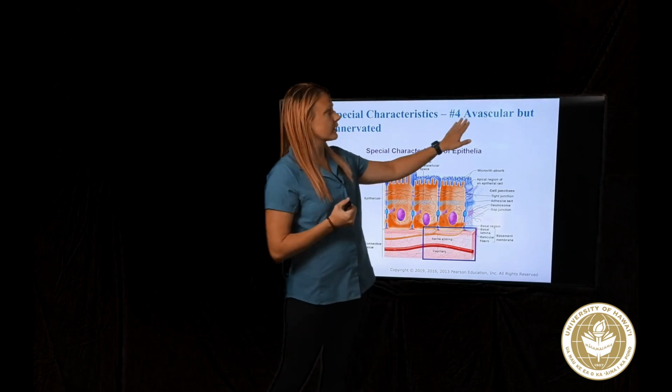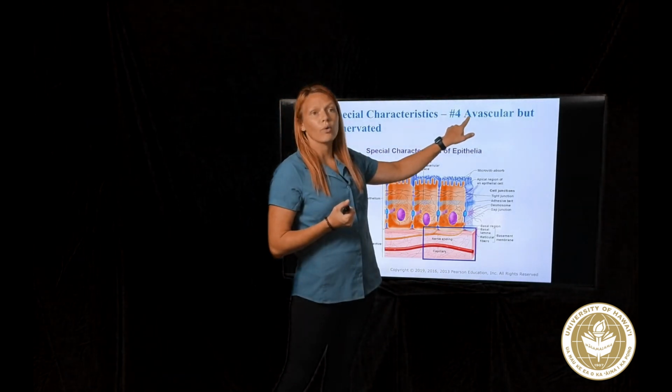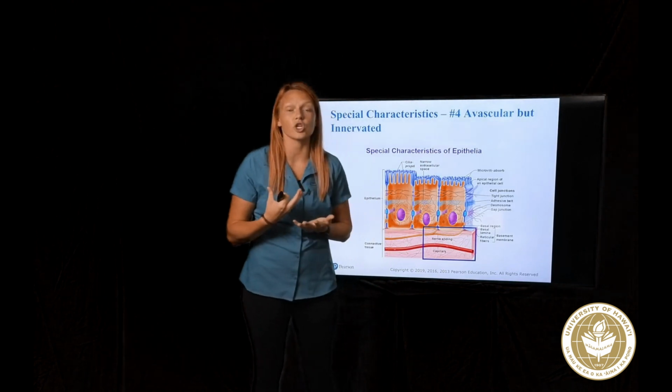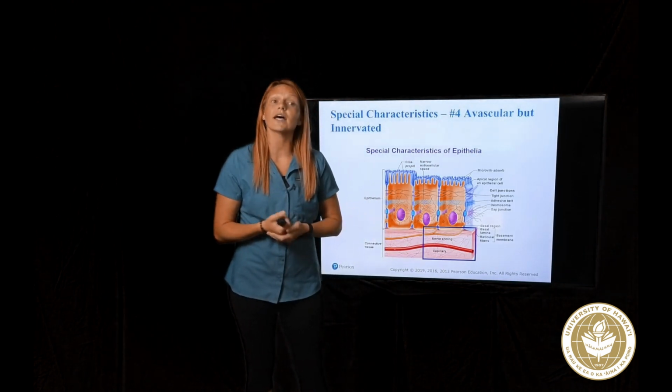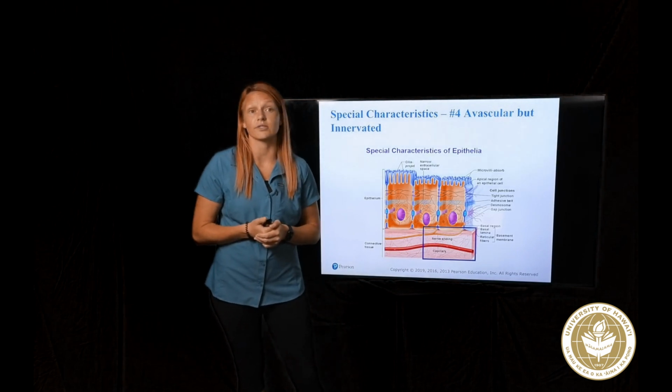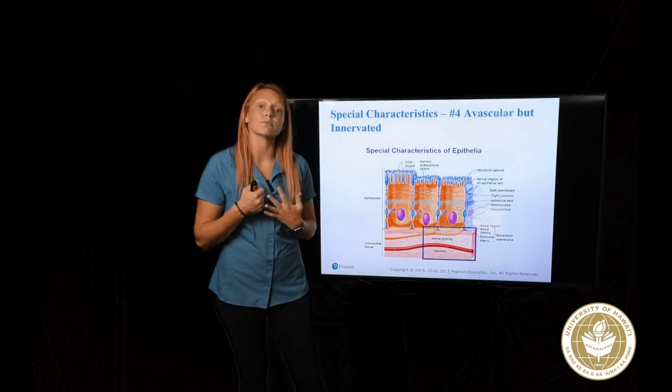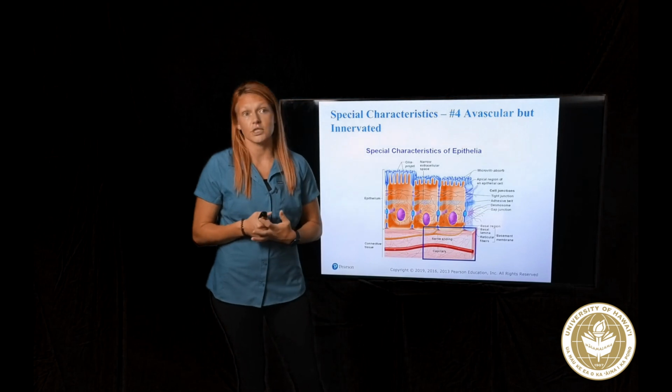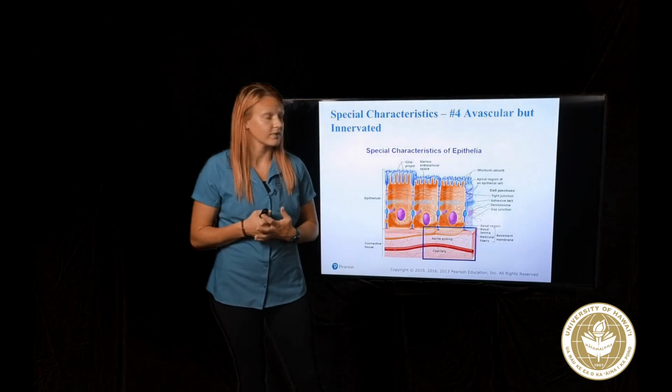So avascular means no blood vessels, because the vasculature is your blood vessels, right? So avascular means that no blood cells are going to be found in epithelial tissues. So that tissue must be nourished by diffusion from underlying connective tissues.